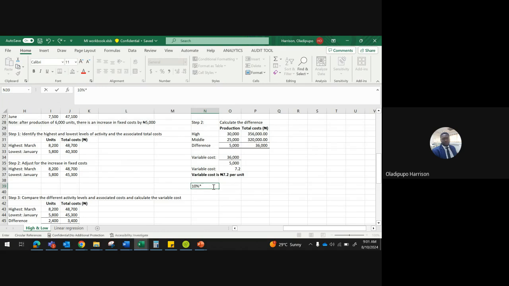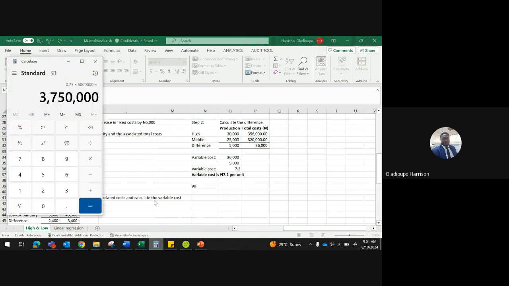10% multiplied by something. Let me put it as X. Maybe I want to go that route. So better still just use 0.9, which is 90%. I'll bring in my calculator.